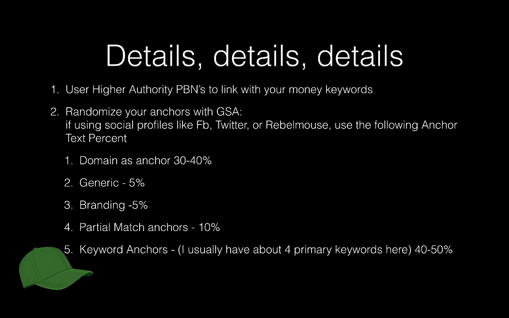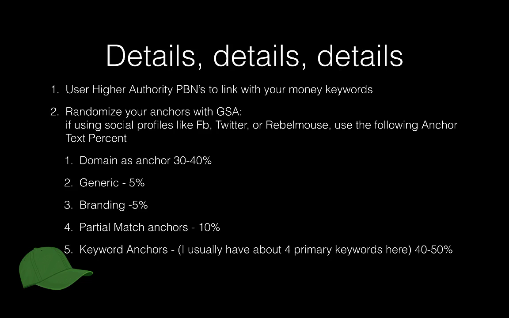Now, details. So here's a few things that I found work really well for me when it comes to my overall linking process when it comes to churn and burn. First of all, we want to use our higher authority private blog network. So if you've got PBNs that you've bought that are high in PR or higher in authority, higher in trust flow, whatever metric you're looking at, if you're looking at the Moz score or the trust flow, I personally found that the Moz score can be manipulated by spam.